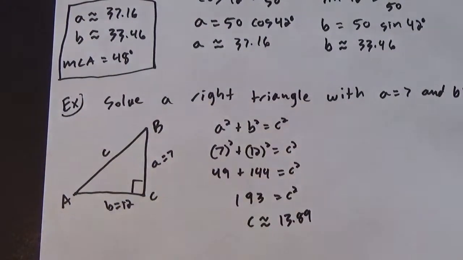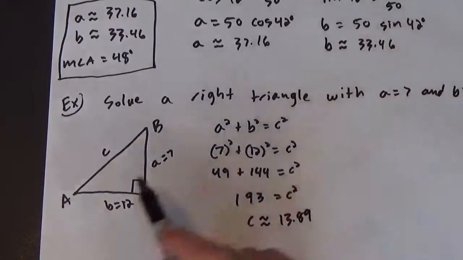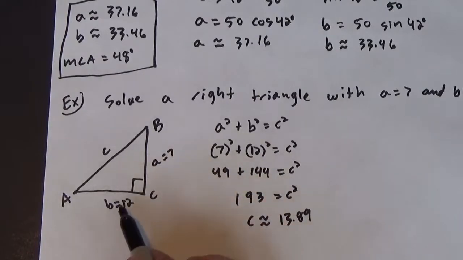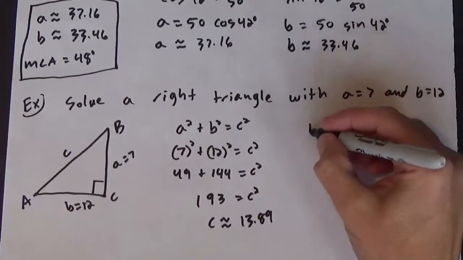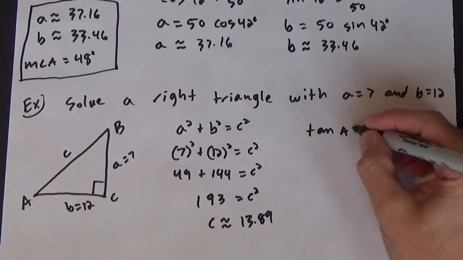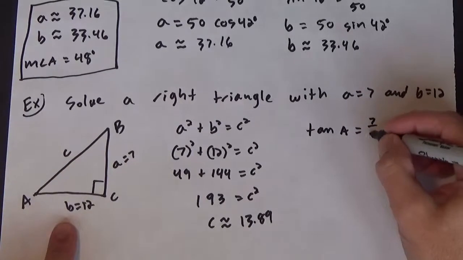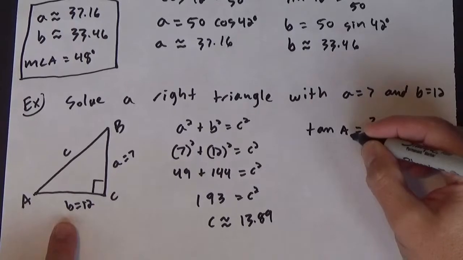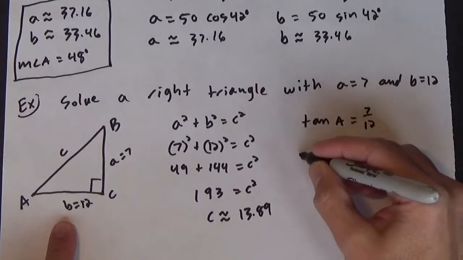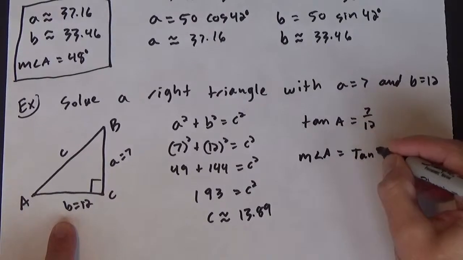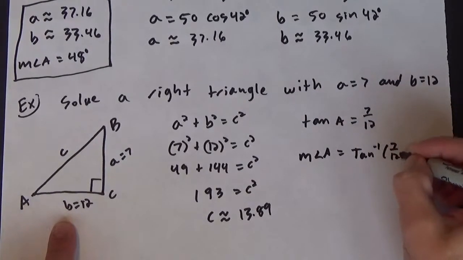Now let's see if we can get angle A. Relative to angle A, we have the opposite and the adjacent. So that's going to be the tangent. So the tangent of A is the opposite, which is 7, and the adjacent, which is 12. From this, we can go to the measure of angle A equals the inverse tangent of 7 over 12.